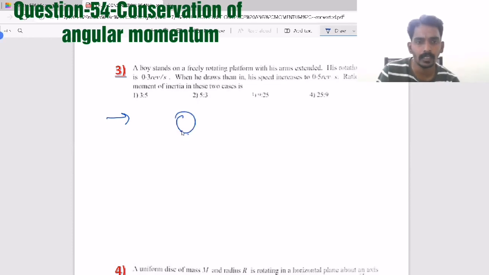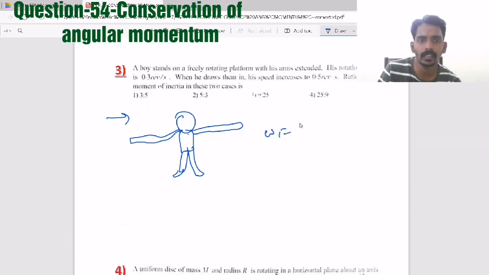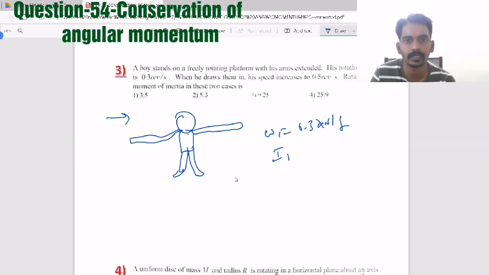Now the first case is just like this, the hands are stretched, extended. The initial angular speed is 0.3 revolution per second. Let's take the moment of inertia I1, we don't know it.